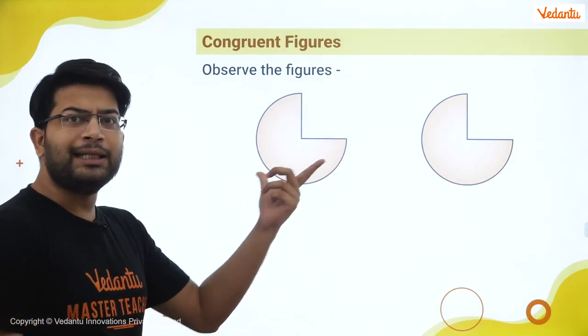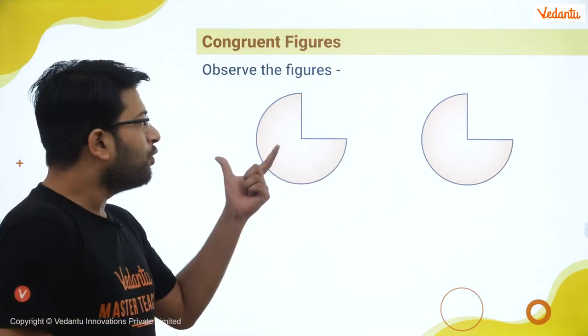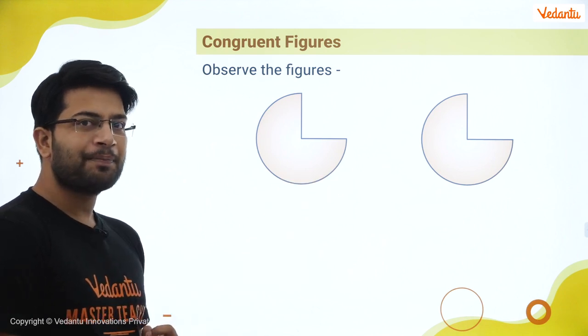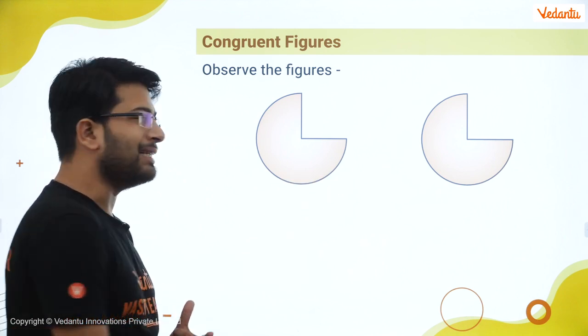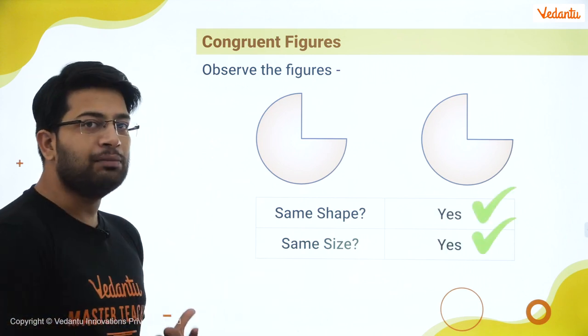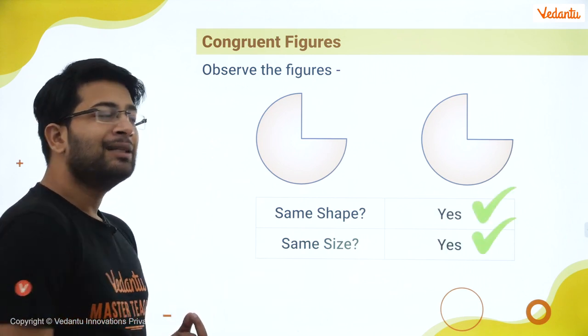Let's consider these two figures, champ. What do you think? Do these two figures have the same shape or the same size? Yes, both figures have the same shape and the same size.